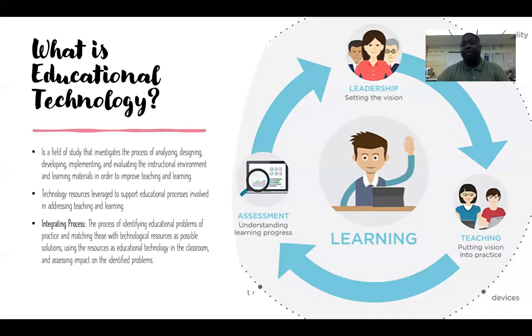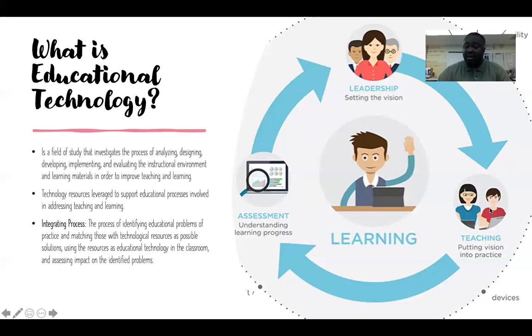Now, for example, when you look at this picture here, it starts at the top with your administration team. Now that consists of your principal, vice principal, guidance counselor, your curriculum instructor, whoever is your leadership at your school.